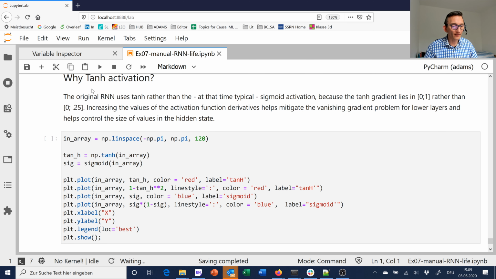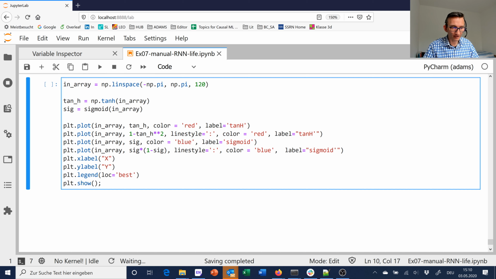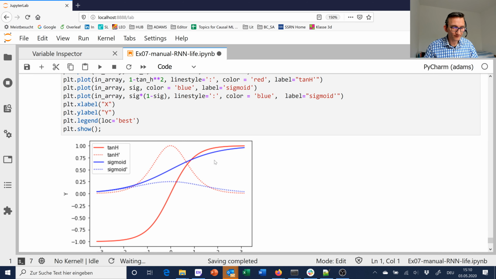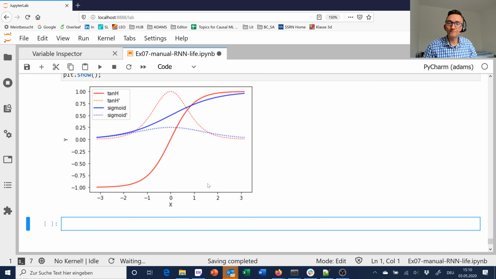Lastly, why did we actually use the hyperbolic tangent when LSTMs were introduced? Remember that Hochreiter and Schmidhuber did that a long time ago, 1997 if I'm not mistaken. The sigmoid activation was more common. And as the very last bit here, just reproducing a figure that we've seen earlier on.